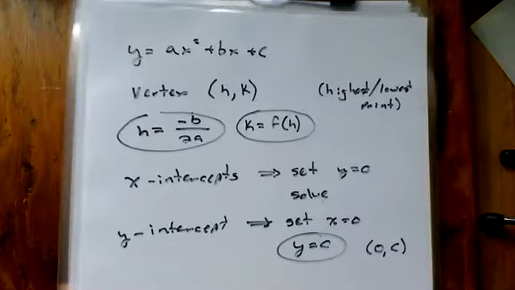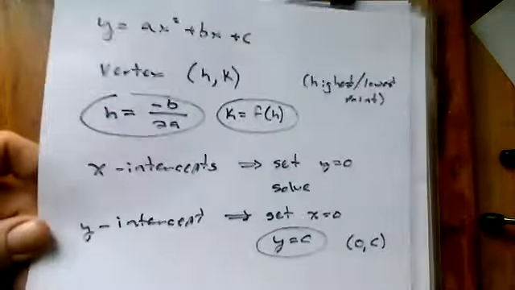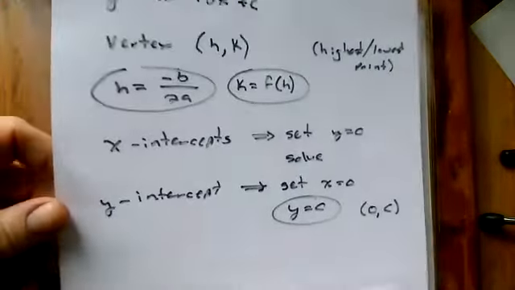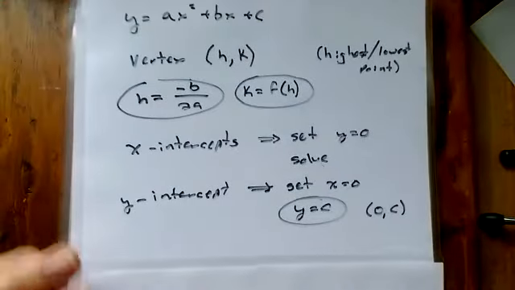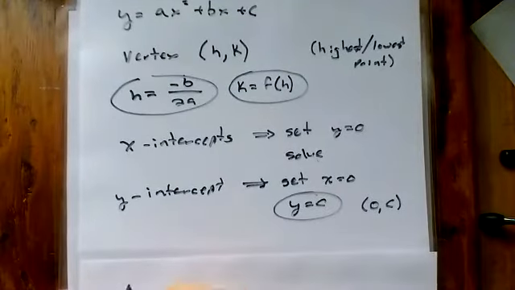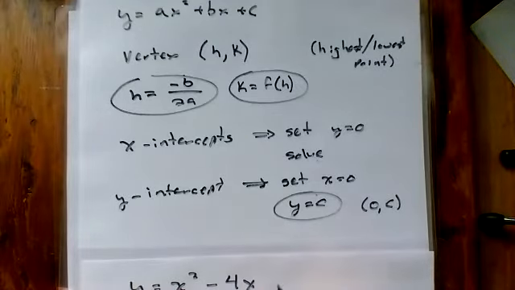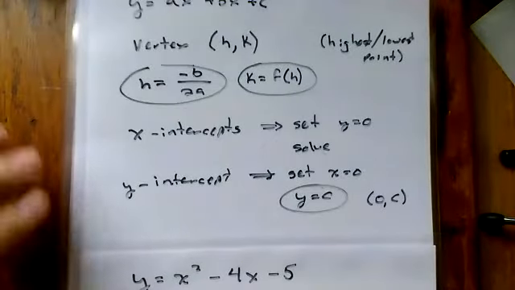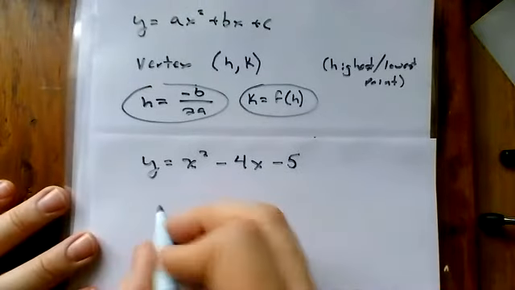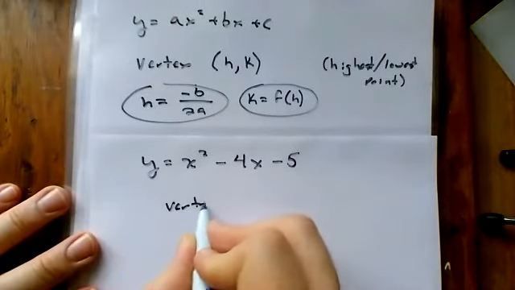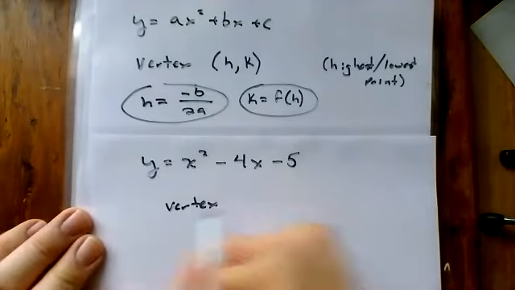Now that I've said all that, let's go ahead and do an example. Let's say we've got y is equal to x squared minus 4x minus 5. First things first, let's find our vertex.